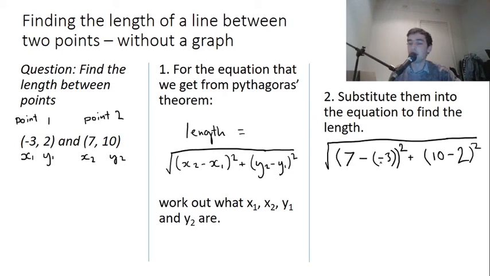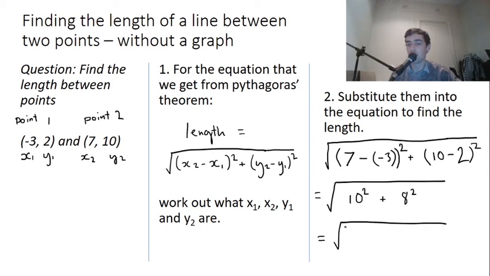If we have two negatives here, that becomes a positive. So let's write equals down the side to keep our working out really neat. That means 7 minus minus 3 is 7 plus 3. So that's 10. That whole thing in the brackets is 10 squared. 10 minus 2 is 8. So we go plus 8 squared.